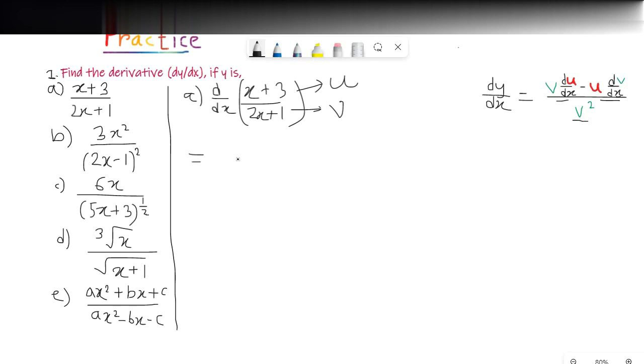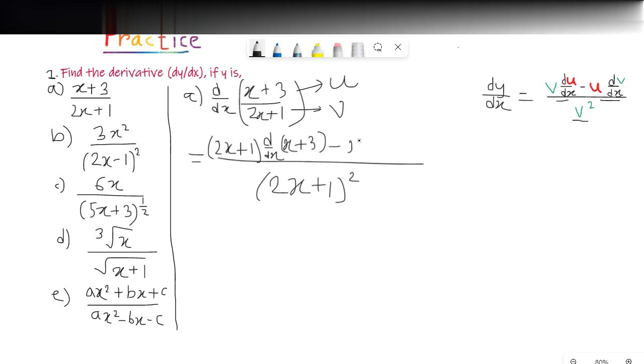So applying the formula, we get v squared at the bottom, and at the top we have 2x plus 1 multiplied with the derivative of x plus 3, subtracted with x plus 3, which is u, in accordance with the formula, and then multiplied with the derivative of 2x plus 1, which is v.